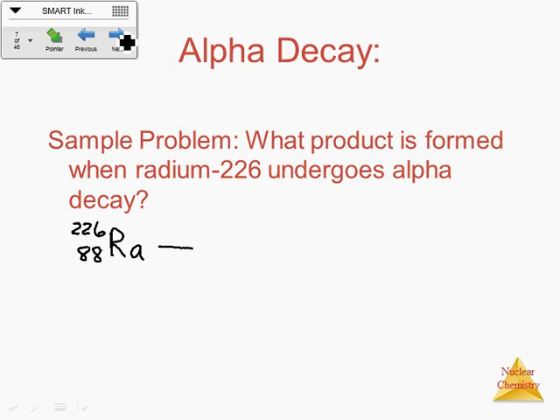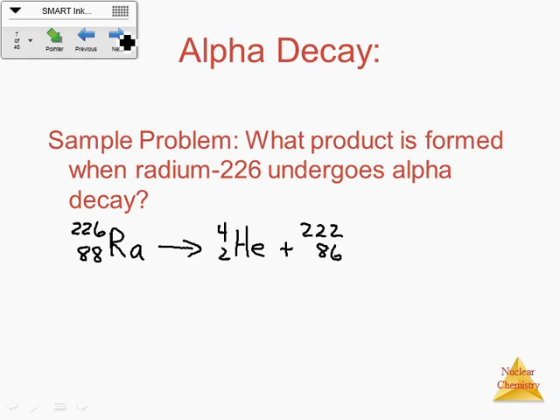When that undergoes alpha decay, it's going to give off a 4,2 helium nucleus. And so then, because the mass number is decreasing by 4 here, this is going to end up being 222, and the atomic number is decreasing by 2, so this is going to end up being 86. Whatever this particle is, it's going to have a mass of 222 and an atomic number of 86.